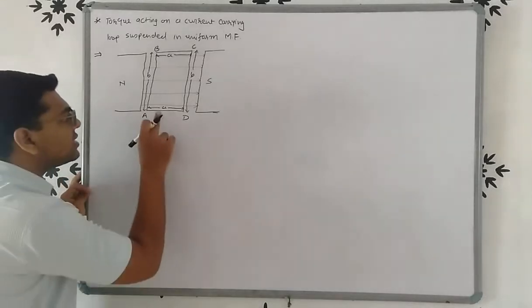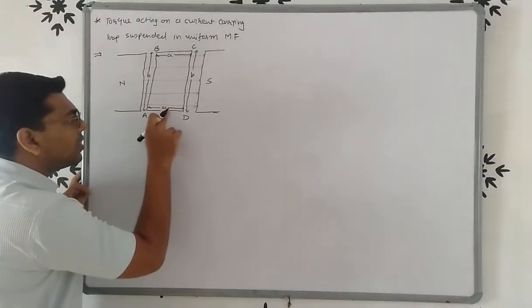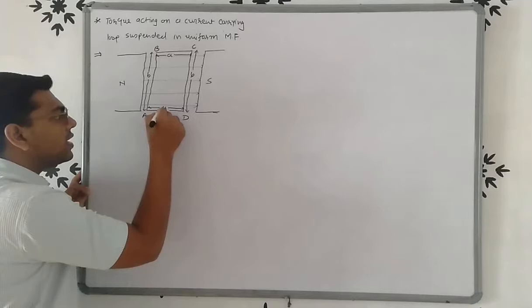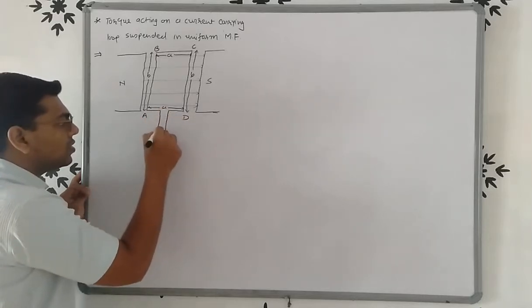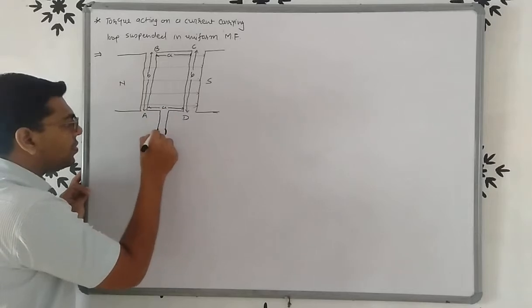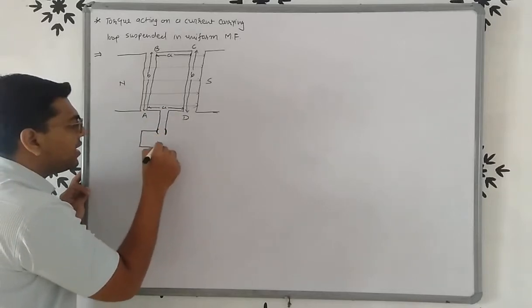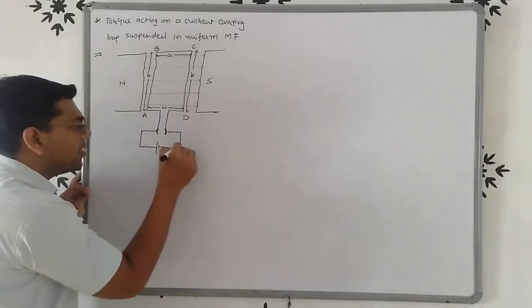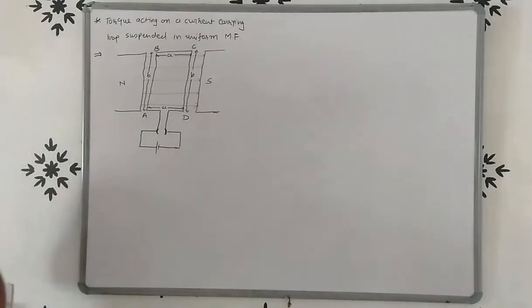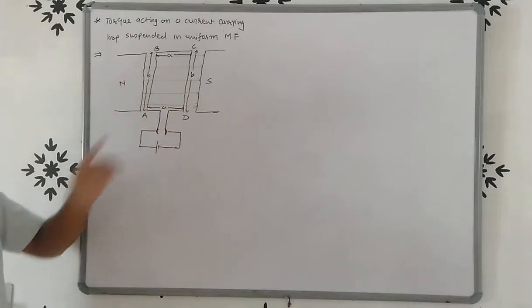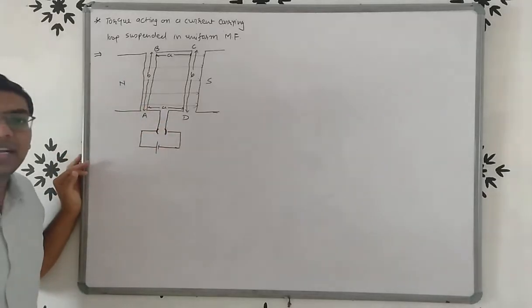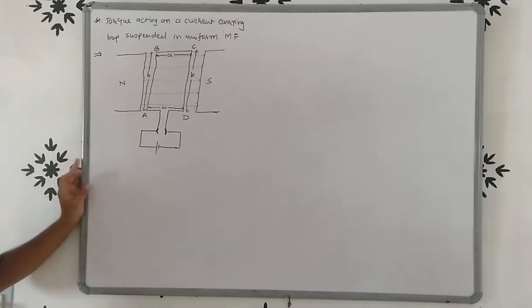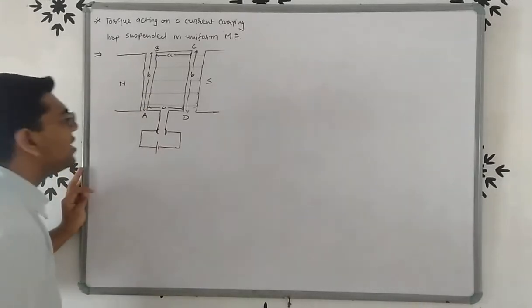Here there is a current carrying rectangular loop, so we connect a battery like this, and current will flow. As shown in the figure, a current carrying loop ABCD is placed, or we can say suspended, in a uniform magnetic field.